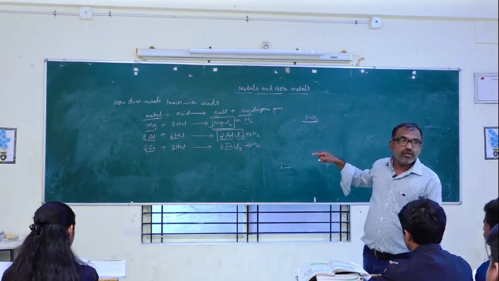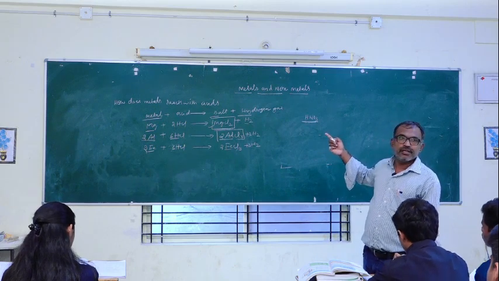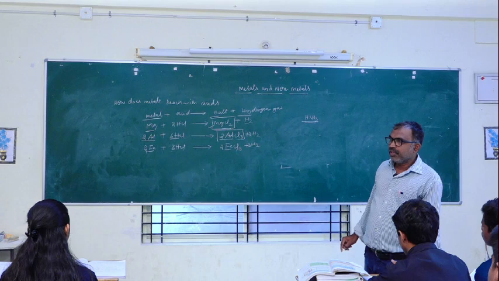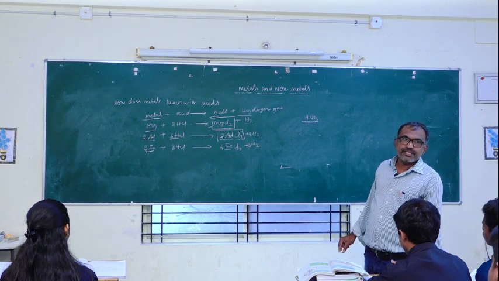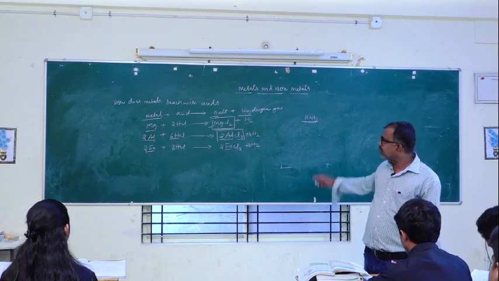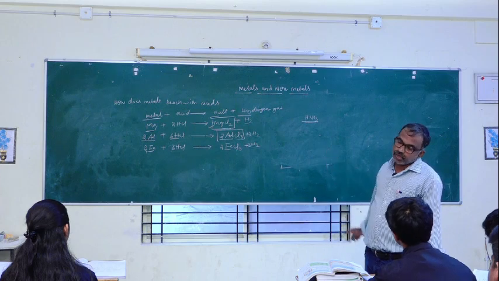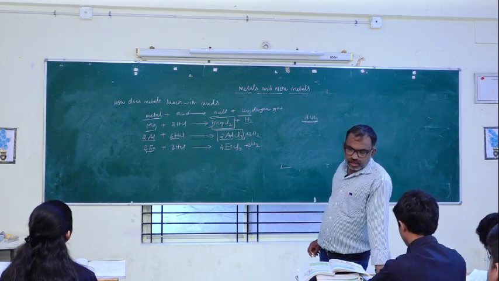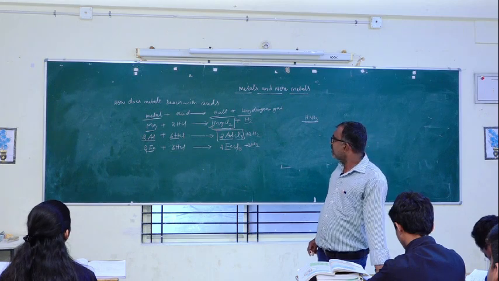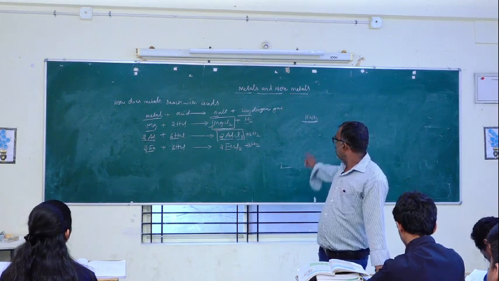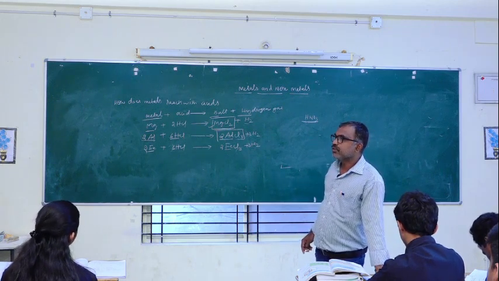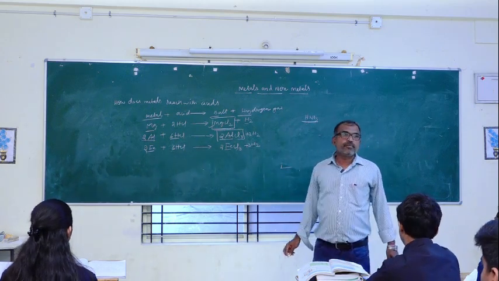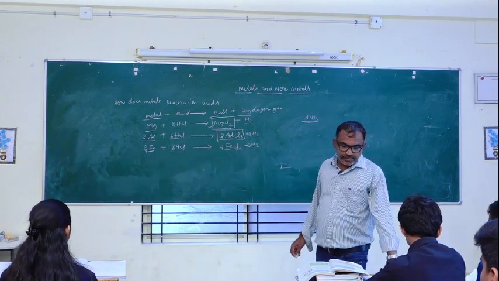If you want to produce hydrogen gas, we have to dilute the nitric acid to a very low concentration. Then we are going to get the hydrogen gas. So it is a strong oxidizing agent. That's why it does not produce hydrogen gas. Very, very important for your examination.